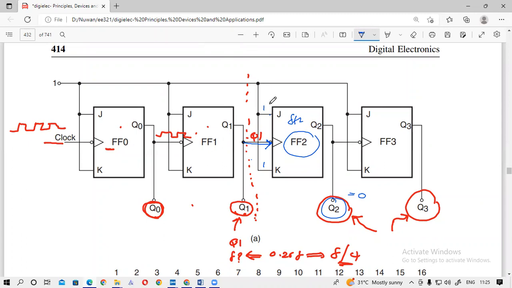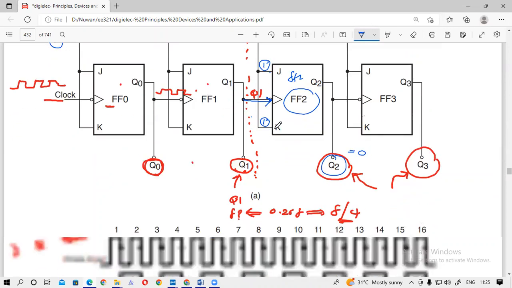J and K is set to 1 and it is not changed. Always J and K value will be 1 and 1. Only the clock signal will decide the output, not J and K.